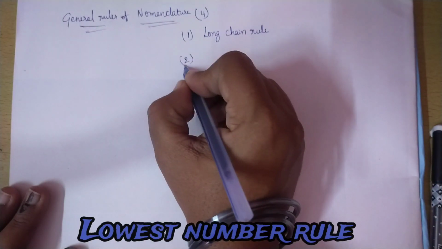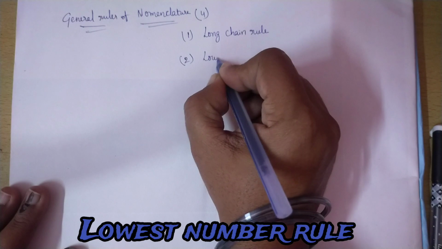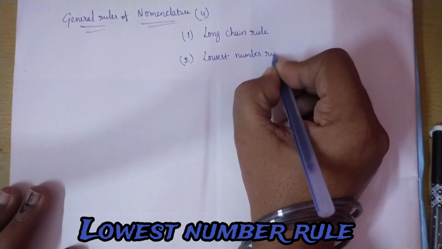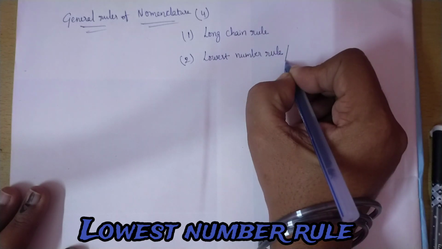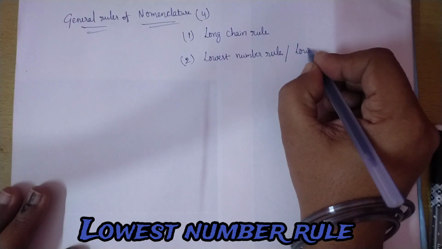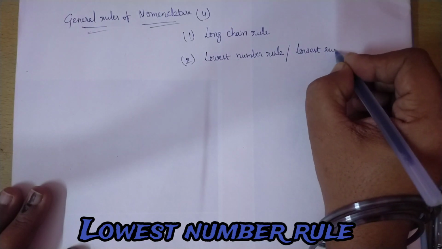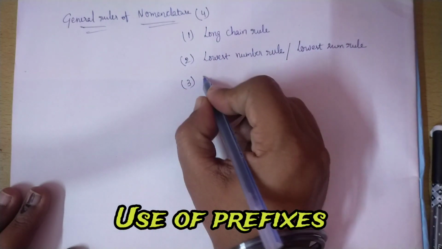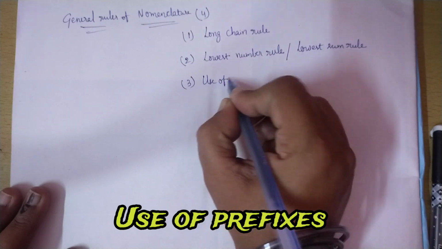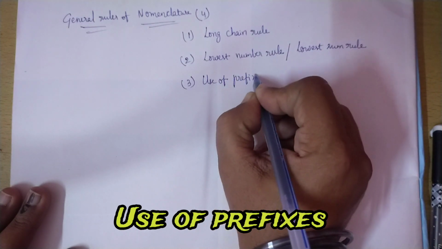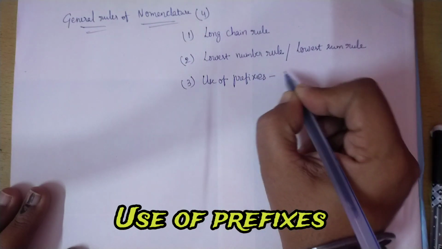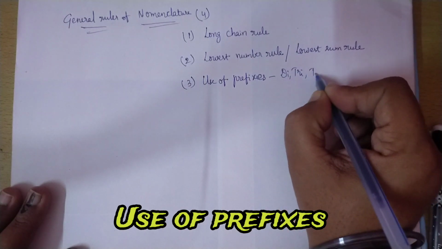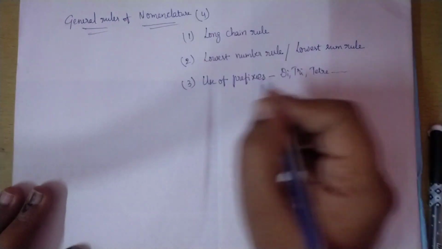The second one is the lowest number rule, or lowest sum rule. The third one is the use of prefixes, that is di, tri, tetra and so on, etc.